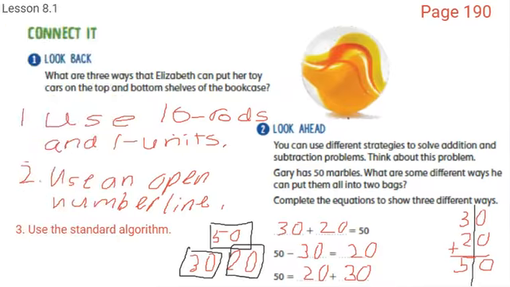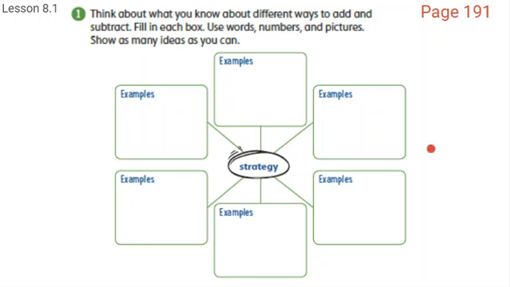Okay, so here, this is going to be homework. I want you to do this. I will show you a couple of things here, but I want you to fill this out. It says here, think about what you know about different ways to add and subtract. Fill in each box. Use words, numbers, and pictures. Show as many ideas as you can.